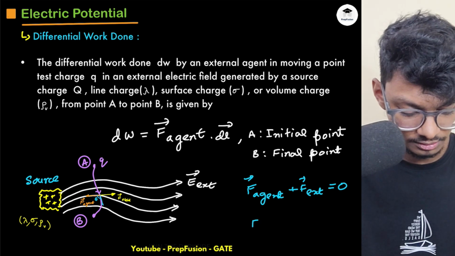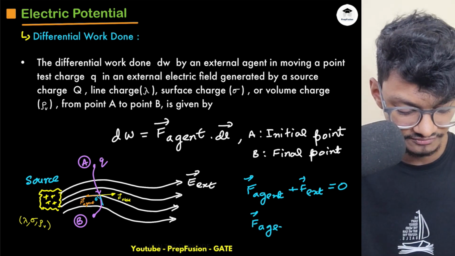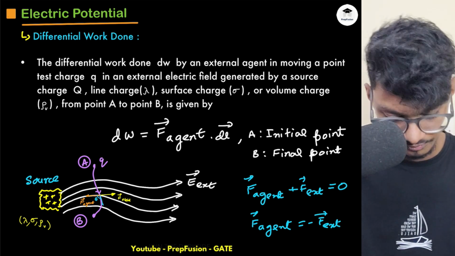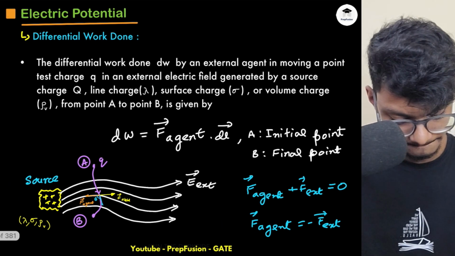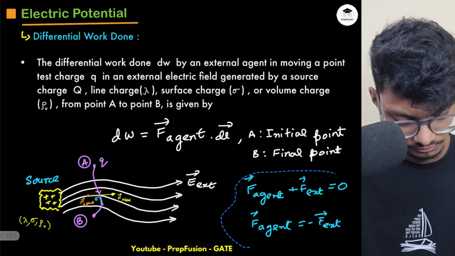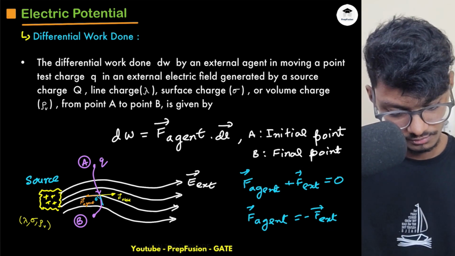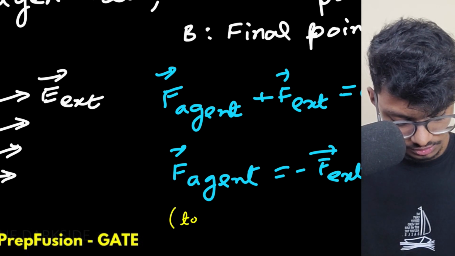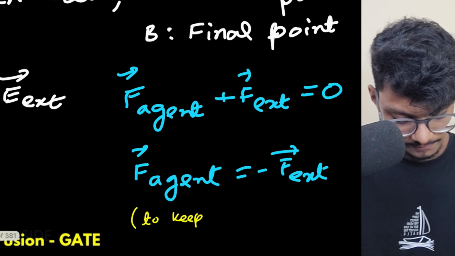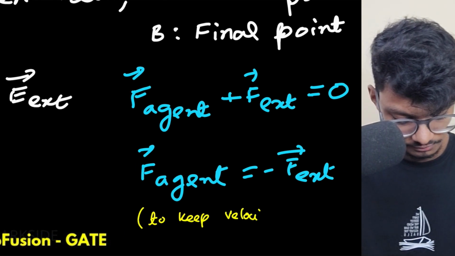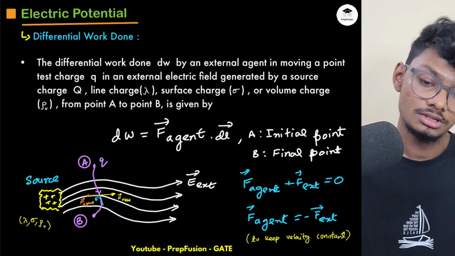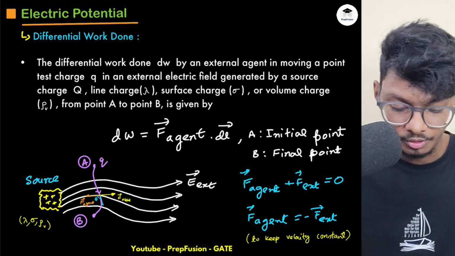So basically F agent will just be in the opposite direction, F agent will be negative of F external field, so as to keep velocity constant. So this is the important point that you should know.